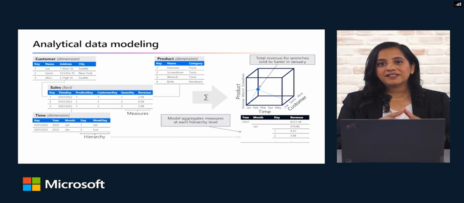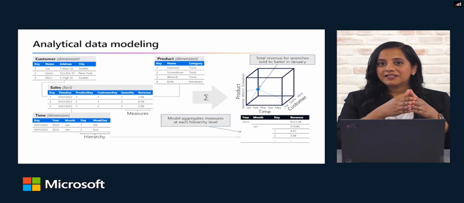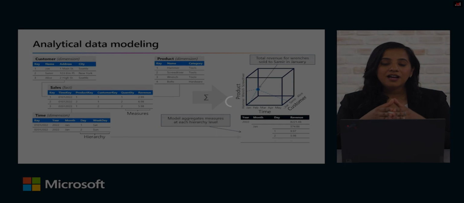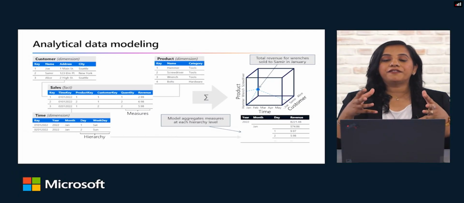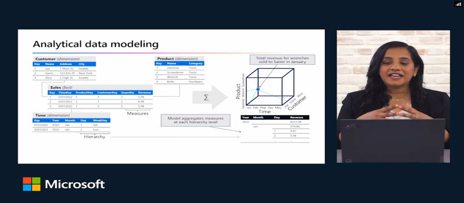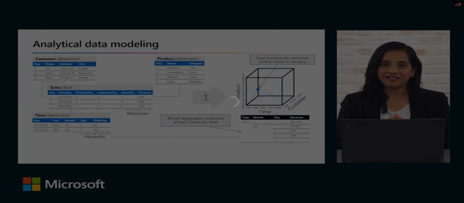The numeric measures that will be aggregated by the various dimensions in the model are stored in fact tables. Each row in a fact table represents a recorded event that has numeric measures associated with it.